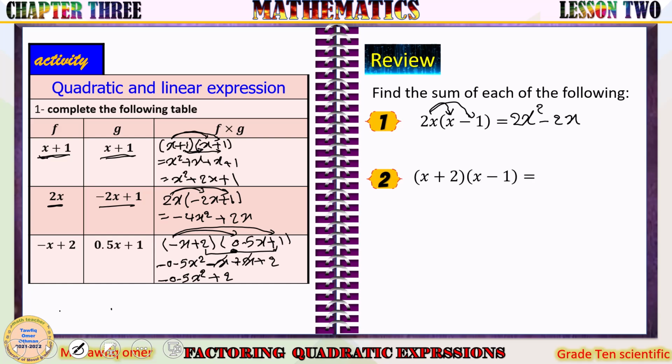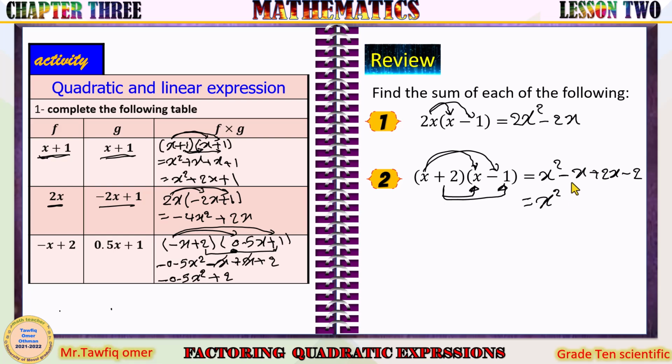The second one: x times x is x squared, and x times minus 1 is minus x, and 2 times x is 2x, and 2 times minus 1 is minus 2. Simplifying, x squared minus x plus 2x is plus x, minus 2.